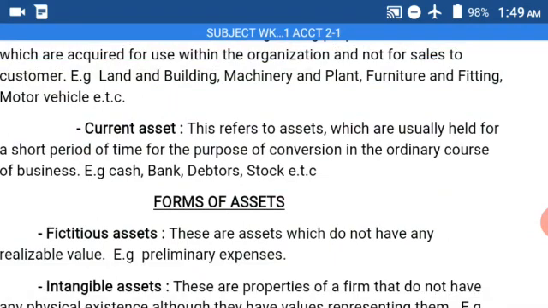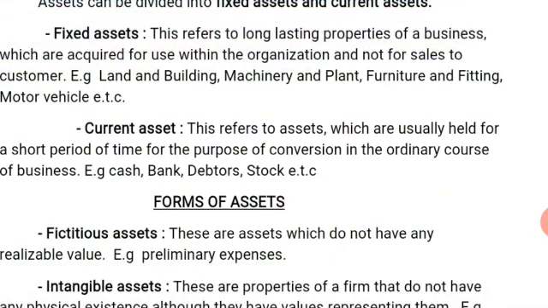Current assets refers to assets which are usually held for a short period of time for the purpose of conversion in the ordinary course of business. Examples are cash, bank, debtors, stock, etc. Current assets are held for a short period of time for the purpose of conversion in the ordinary course of business.